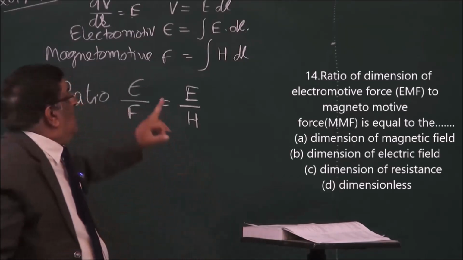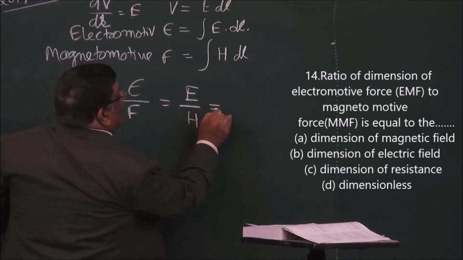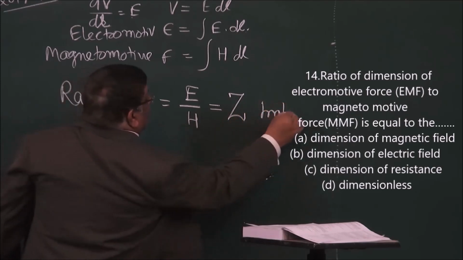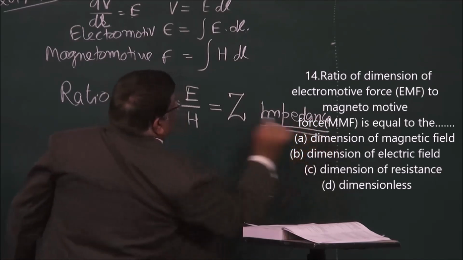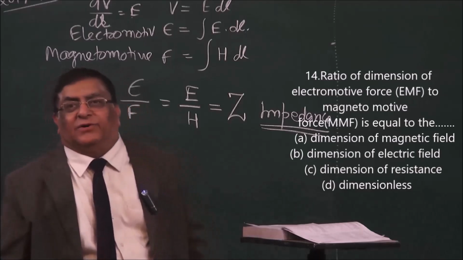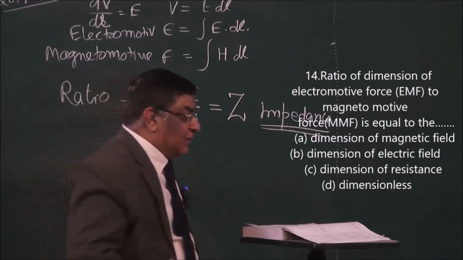The answer is electric field divided by magnetic field. This is having the dimensions of impedance. Impedance. And what is impedance basically? Impedance has got unit ohm. Resistance is also having unit ohm.